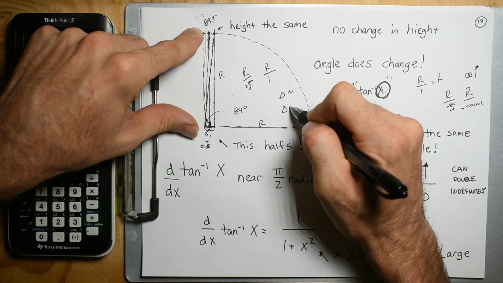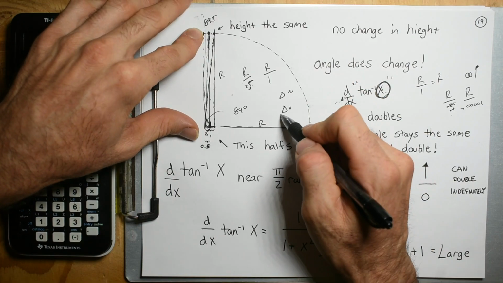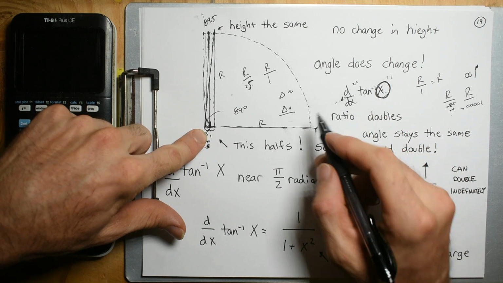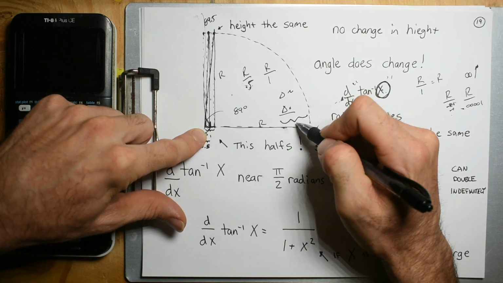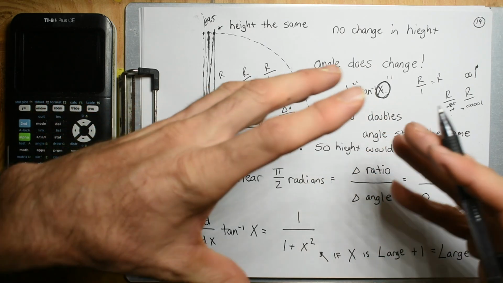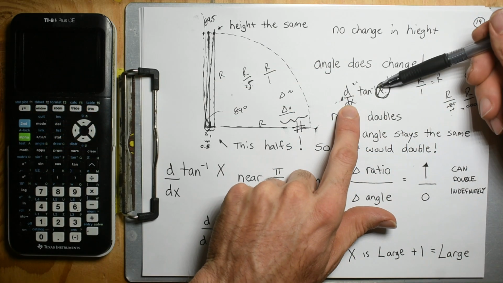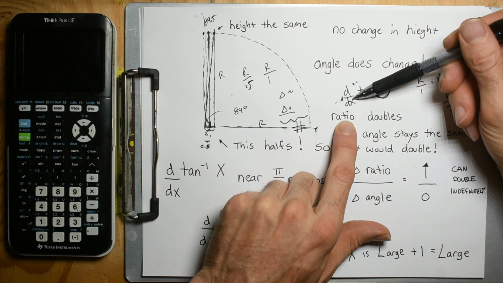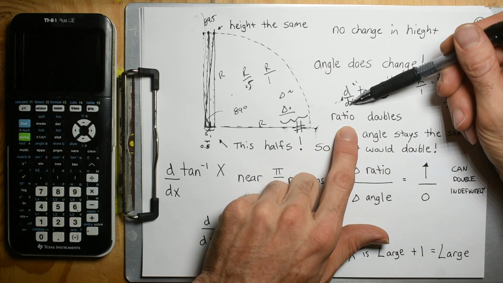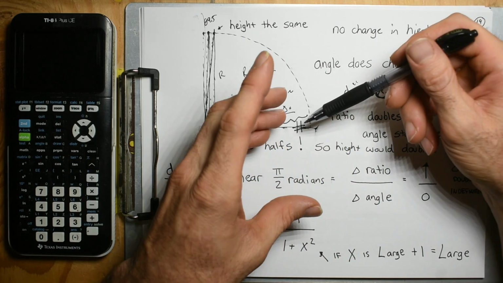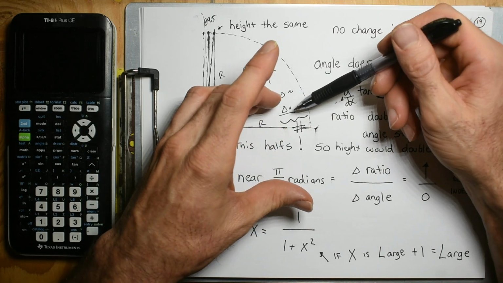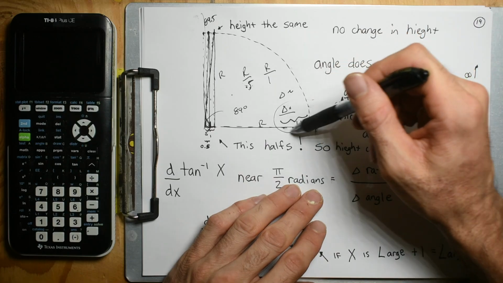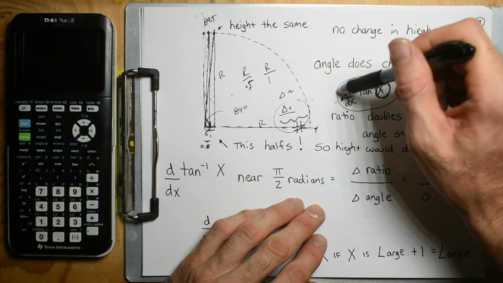So we have a change in a tiny, tiny angle, but the change in ratio was a big jump. You know what I mean? That was big. And so the derivative being the change in the angle compared to the change in the ratio, well, now the ratio is huge, bottom number is huge, top number is small, so this approaches 0. So this whole thing approaches 0.